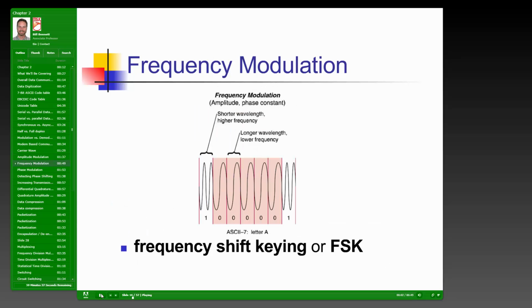Now this graphic depicts frequency modulation, also known as frequency shift keying, or FSK. So here the amplitude, the height of the wave, remains the same, and the phase again remains the same, but we'll notice that the frequency, the distance between the waves, is what is being modified here.